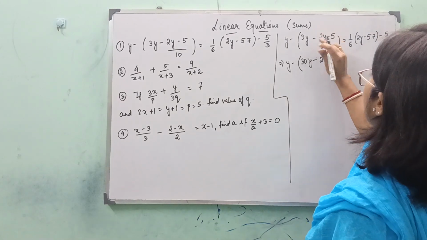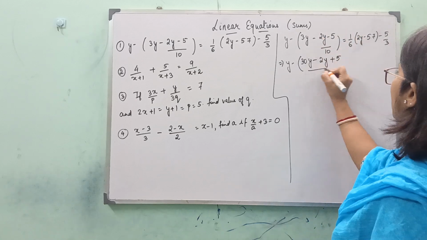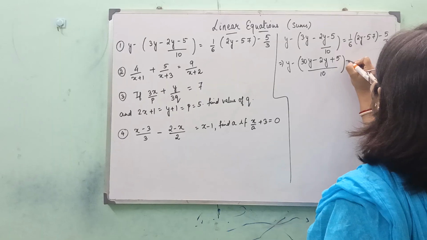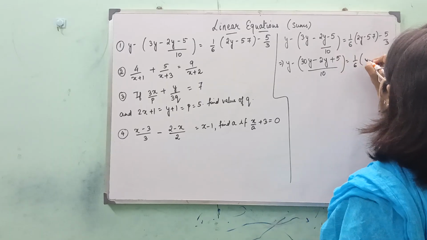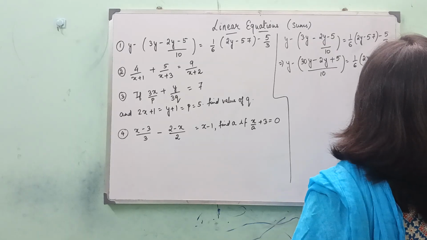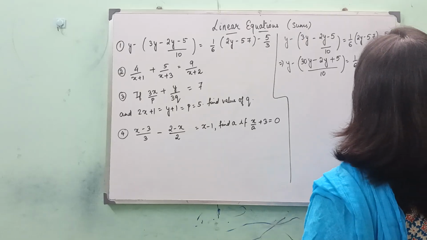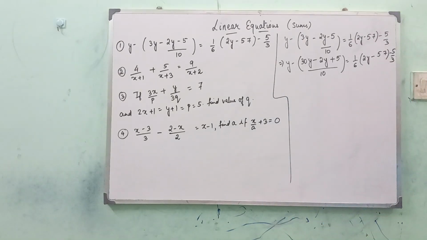2y. Now because this minus is before 2y minus 5, this becomes plus, whole by 10 equals to 1 by 6, 2y minus 57, is it minus 5 by 3. Alright.